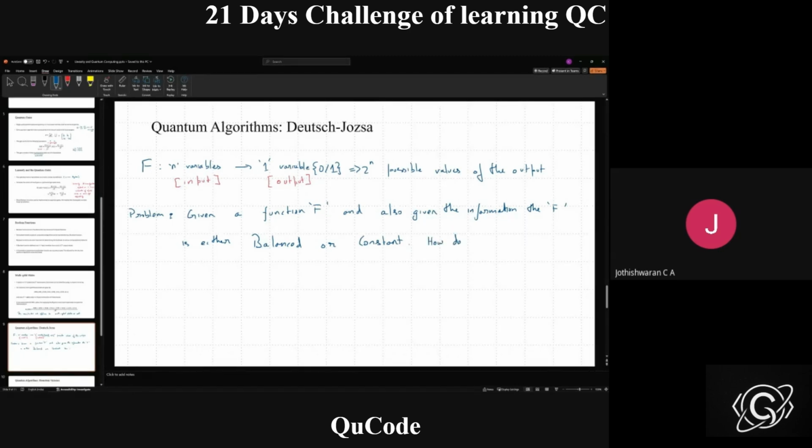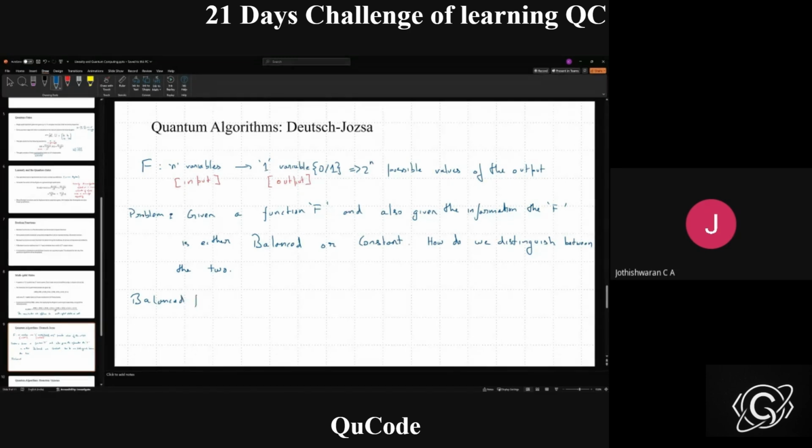how do we distinguish between the two? Essentially, my f is a constant function, meaning it is either all zeros or all ones. It is either that kind of a function, or a balanced function.